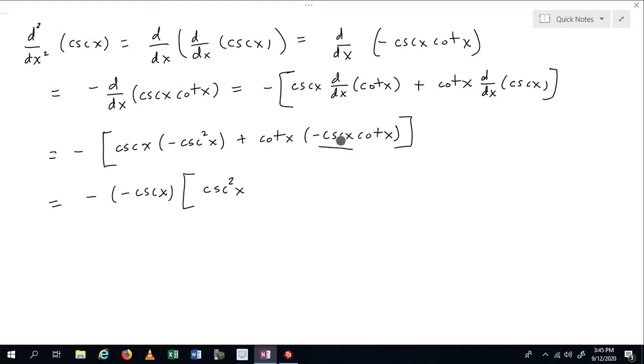And then over here, you're factoring out this minus cosecant of x, and that leaves you with cotangent of x times cotangent of x, which is just cotangent squared of x. And then this, of course, will give you a plus cosecant of x. Okay, so if you simplify it, this would be in simplified terms.